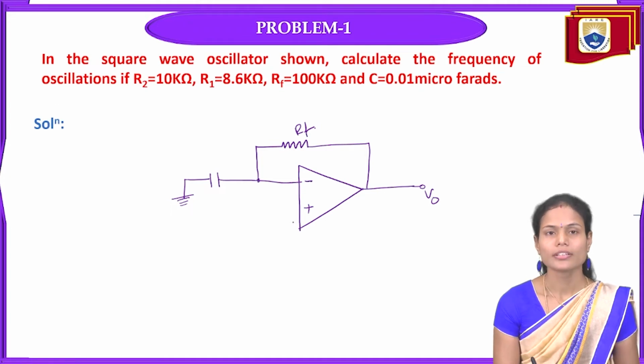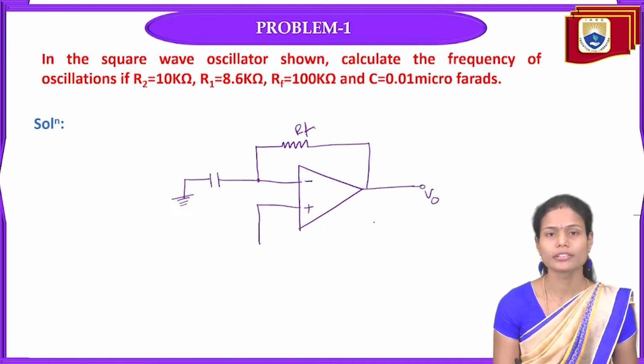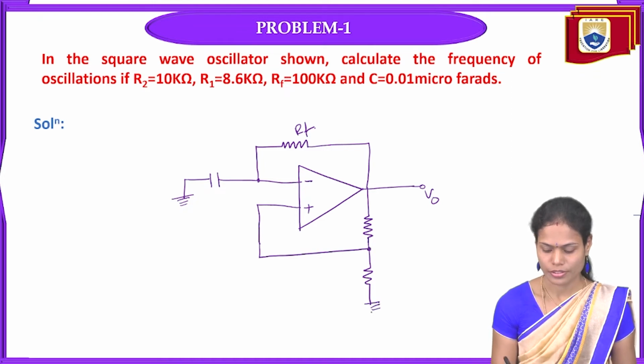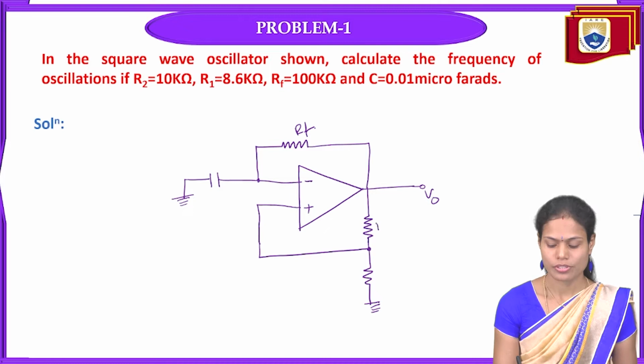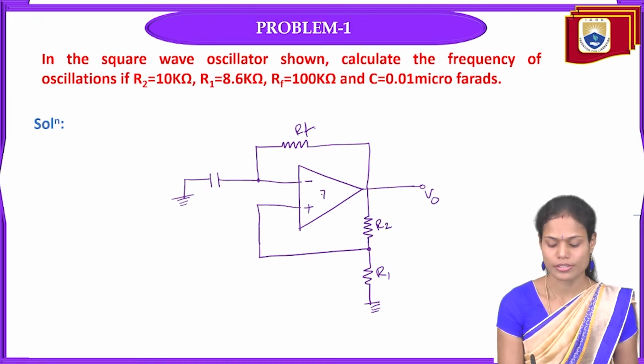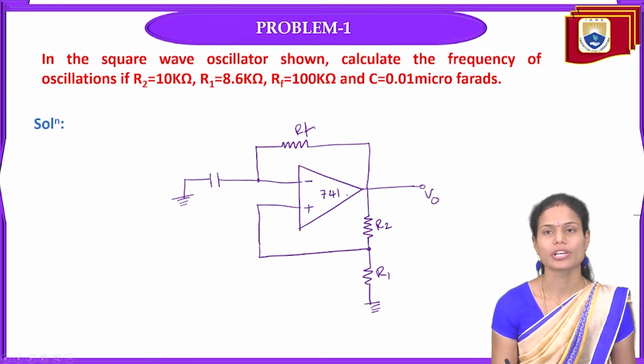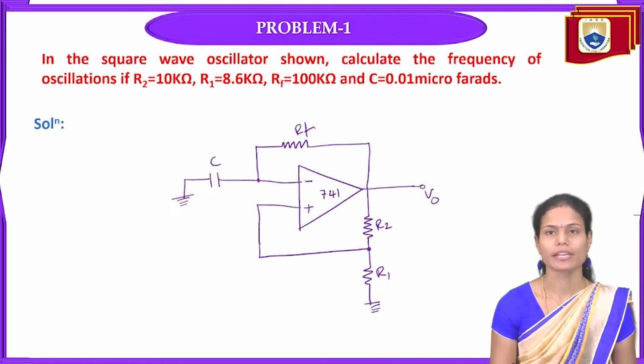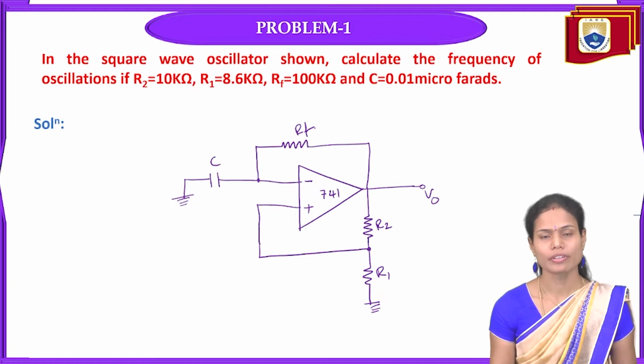For the non-inverting terminal, we have connected a potential divider circuit, that is two resistances R1 and R2, grounded here. This is R2 and this is R1, and it is the 741 operational amplifier IC. This is the capacitance. So this is the circuit given in the problem.